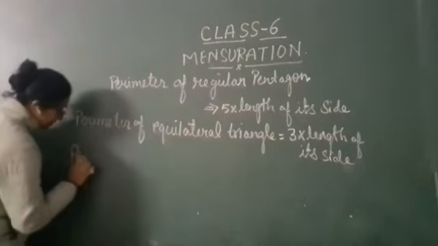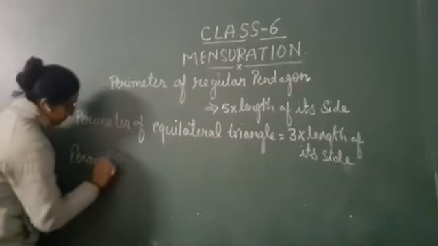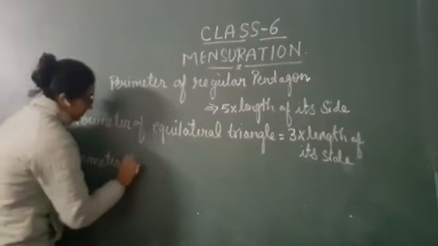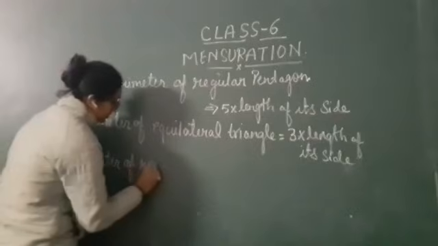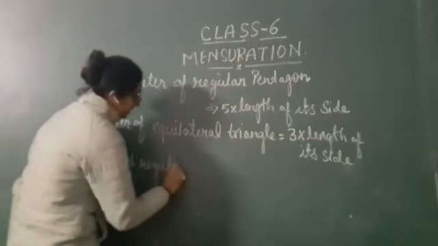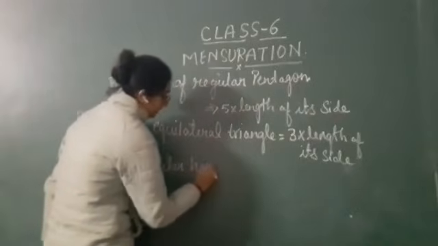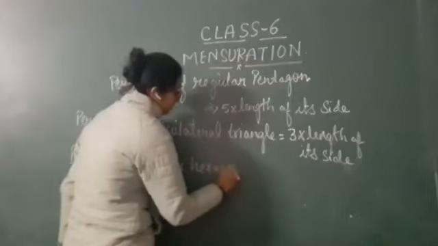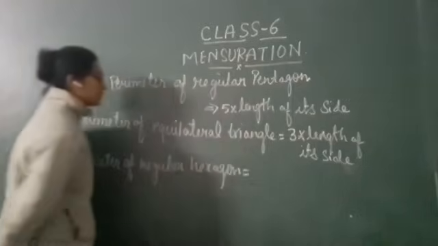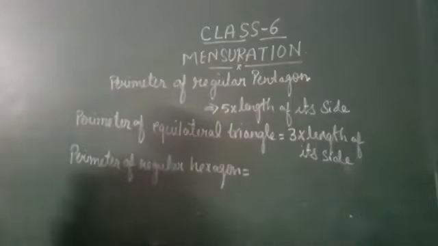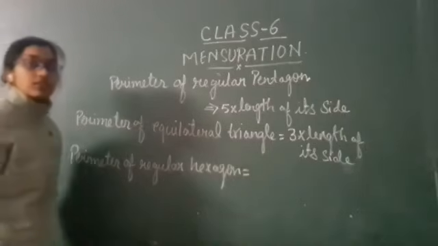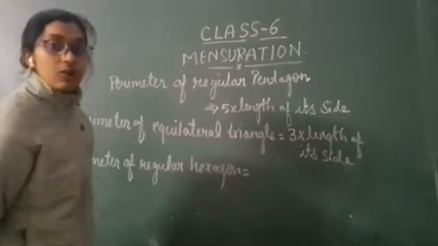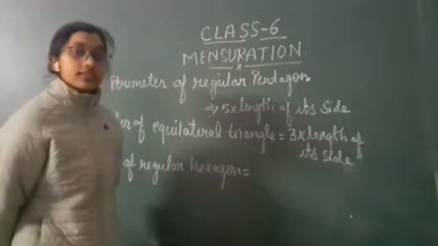Perimeter of a regular hexagon. What do we have to do? A hexagon has how many sides? 6 sides.